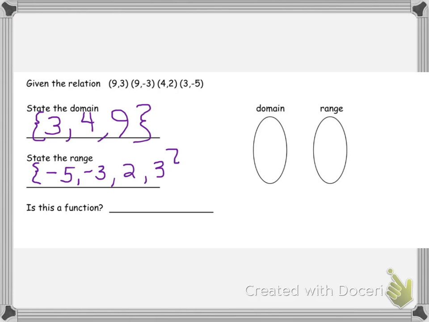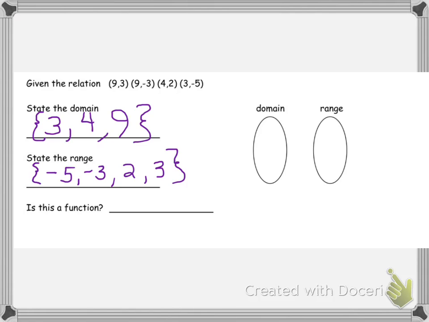An interesting point to note is although 9 shows up in 2 different ordered pairs, we only list it once as part of the domain. Once you've identified an element of a set, you don't have to say it's there a second time. You've already said it's there.